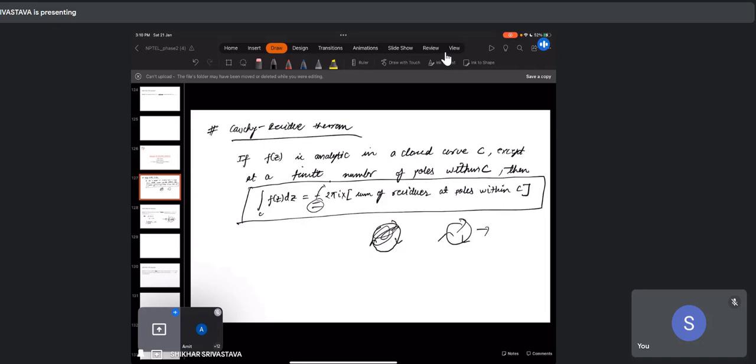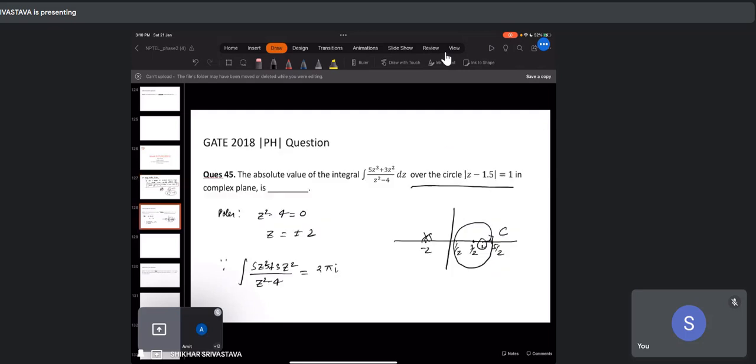In general, if in the question they have not mentioned anything, then you will assume that the contour is taken along the counterclockwise direction. Here there's nothing mentioned in the question, so we'll take that this integral is in the anti-clockwise direction.